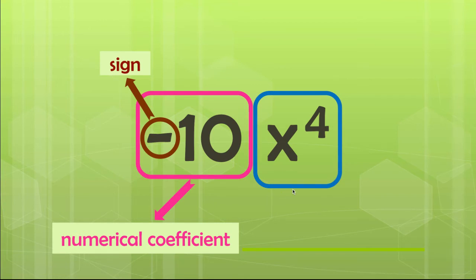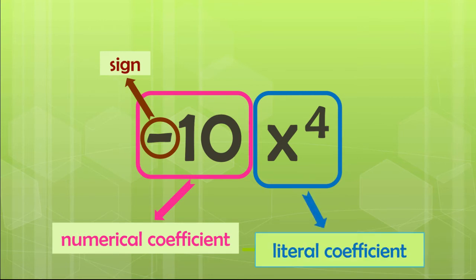Now this x to the fourth, which is found inside the blue box, is the literal coefficient. And this 4 is the degree or the power of this variable.